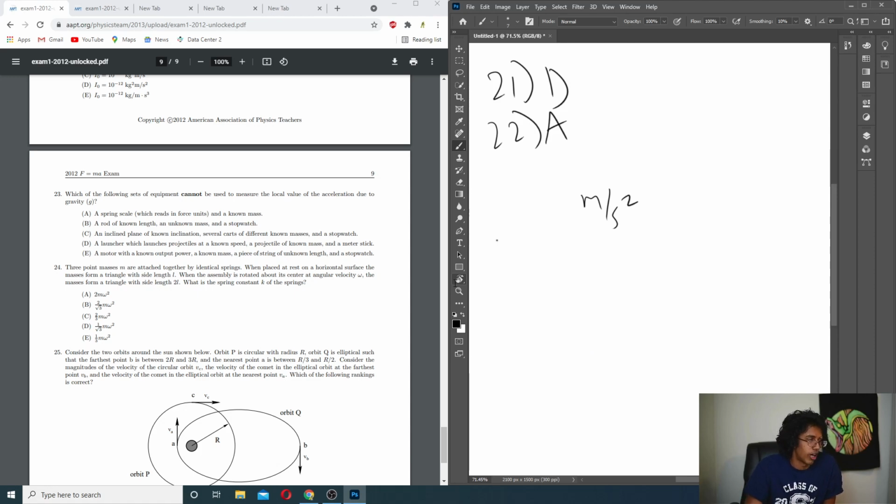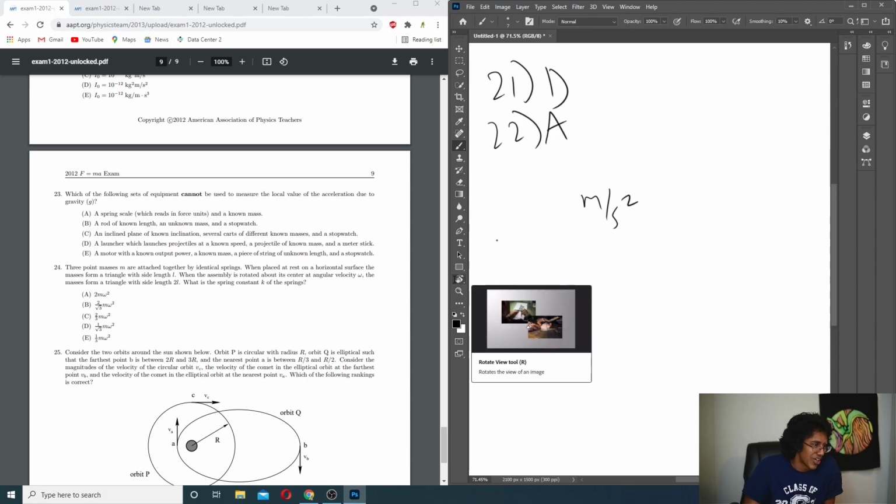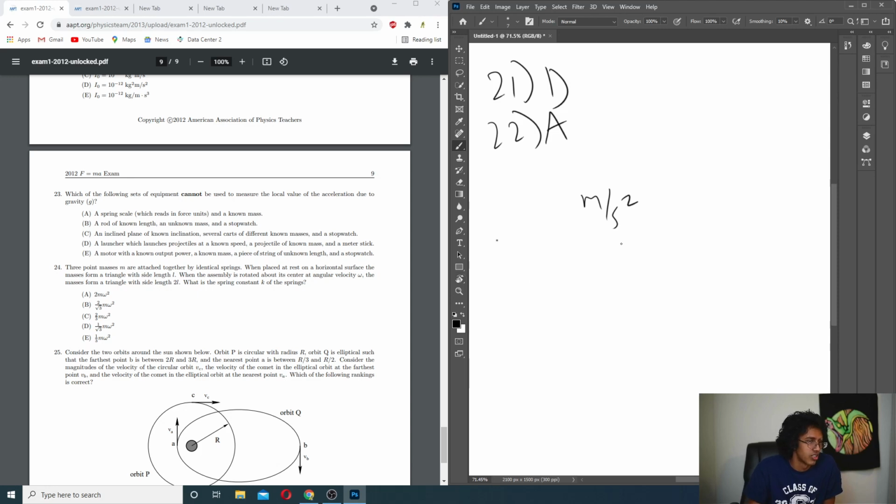Motor of known output power. A known mass and a... I'm pretty sure it's just C, right? If you have kg meters per second, yeah, so this should be fine too, because you have a known mass. So it should just be C. If I get it wrong, then you guys can roast me, but I'm pretty sure I'm not trolling. So that should be fine.